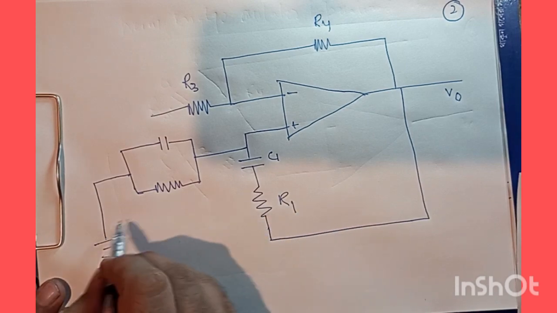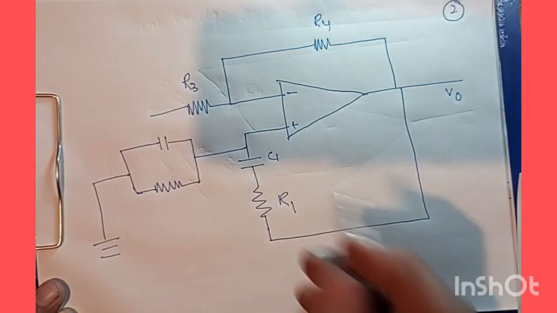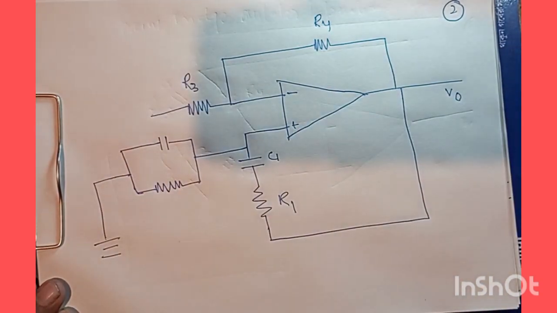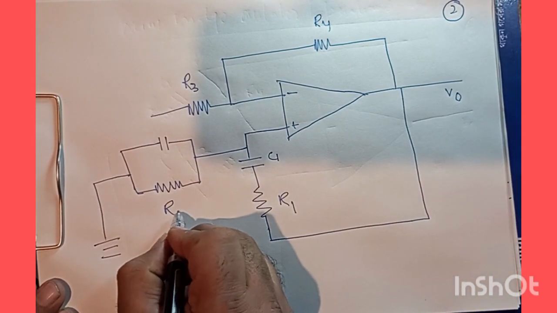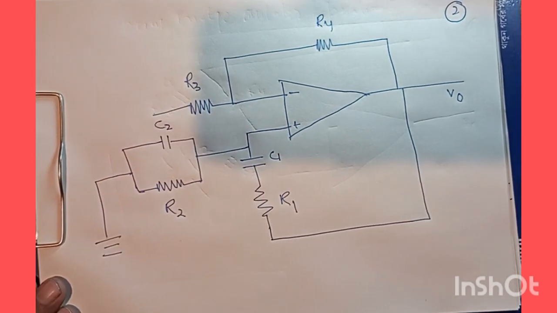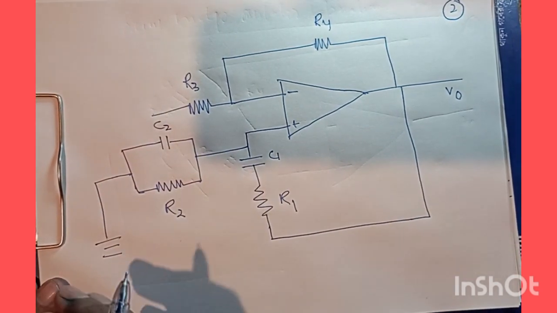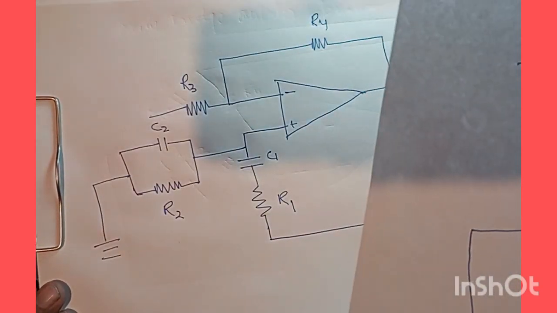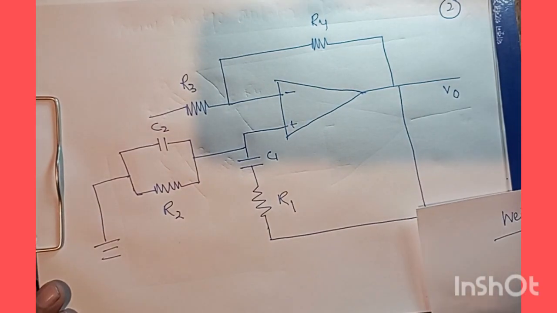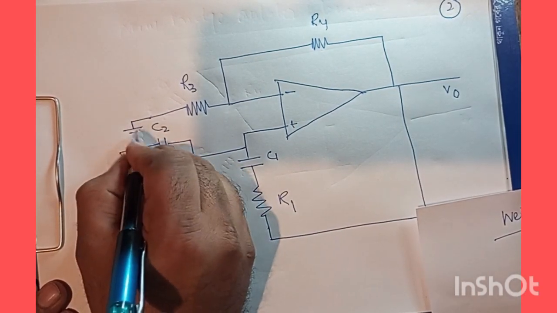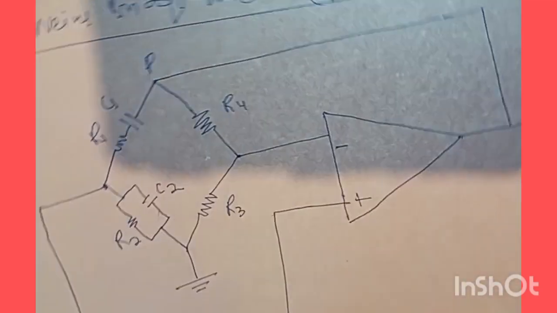So this should be my R1, this is R3, this is R4, and this should be my R2, and this should be my C2. Now here is a simpler version of the circuit that we have shown. Both things are equivalent. Now you can connect these grounds so that we have the overall configuration same as that of the original circuit.